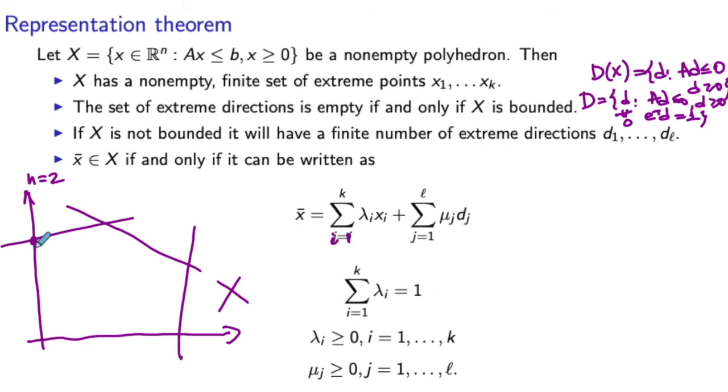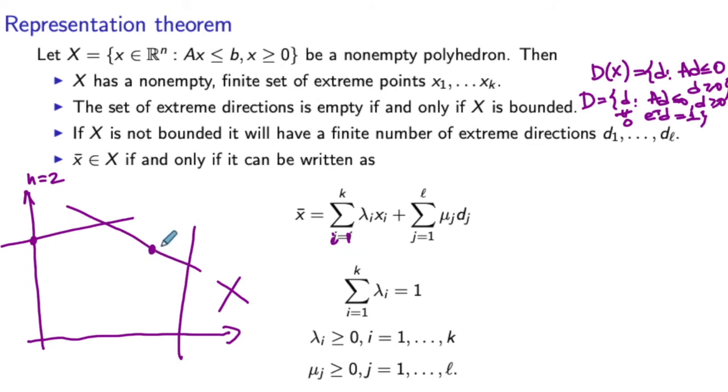Now, if the maximum number of linearly independent defining hyperplanes is less than n, then this means that our x bar is not an extreme point, and let's say if that number is 1, then x bar belongs to one of the defining hyperplanes here, right?